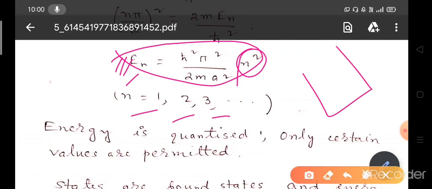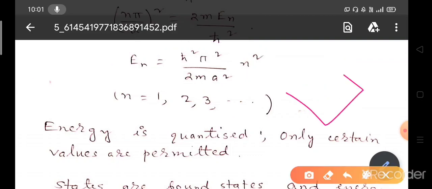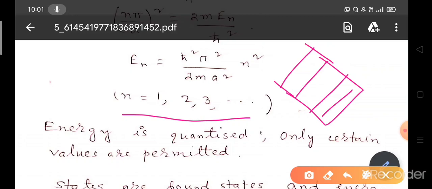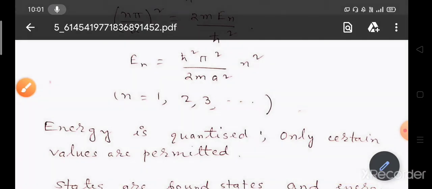Earlier in classical mechanics, the energy can lie anywhere, but whenever you enter the quantum regime, these energy values are not continuous, rather the energy values are now discrete. So n equals 1, 2, 3 will decide the energy levels E1, E2, E3, E4, etc.